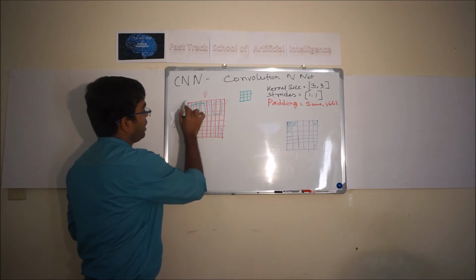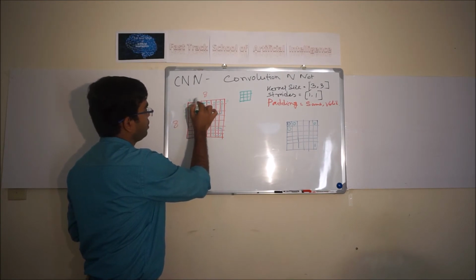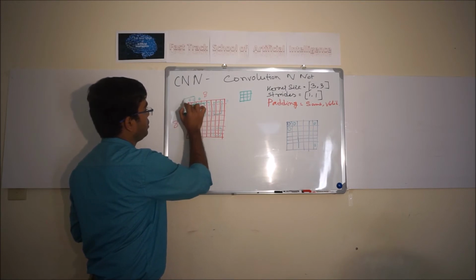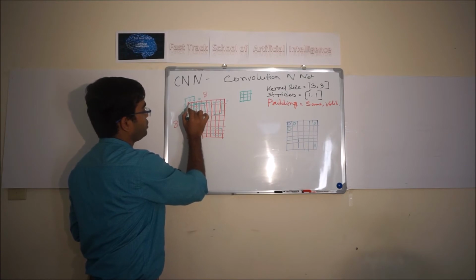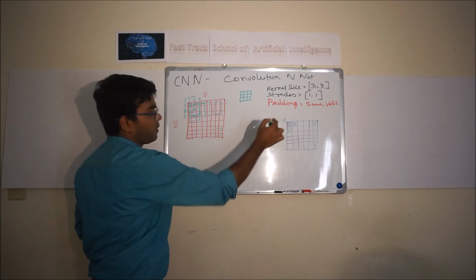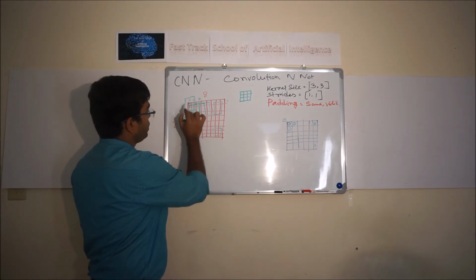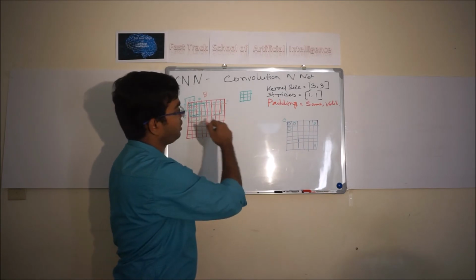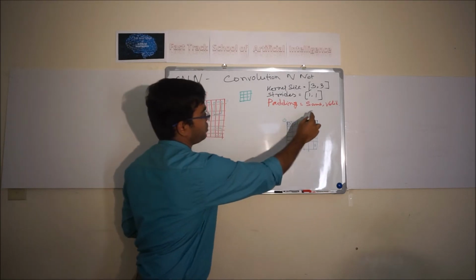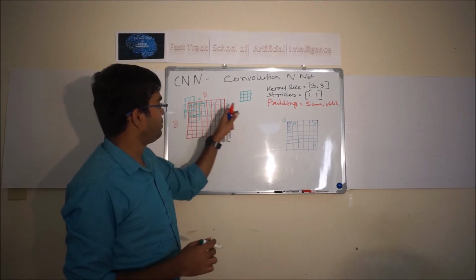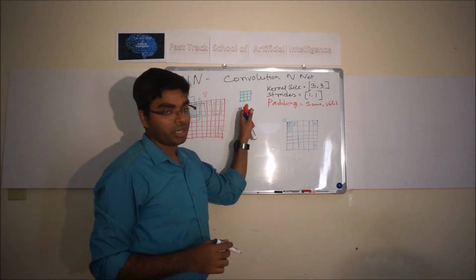And it applies the patching from here till here, calculates the value for this particular cell, and puts it somewhere here. This zero padding is done using same. The number of rows and columns depends largely on the patch size, or kernel size.